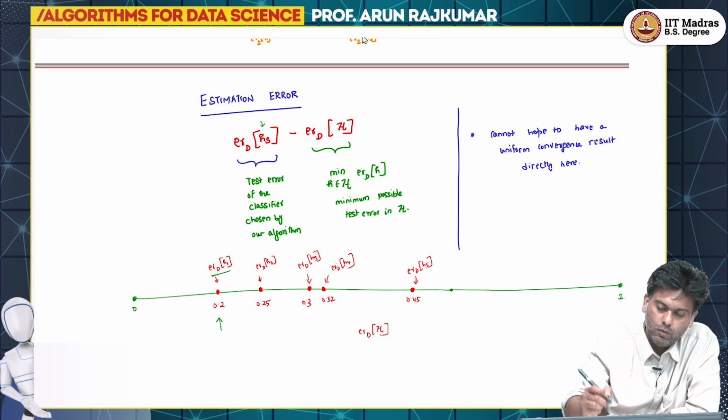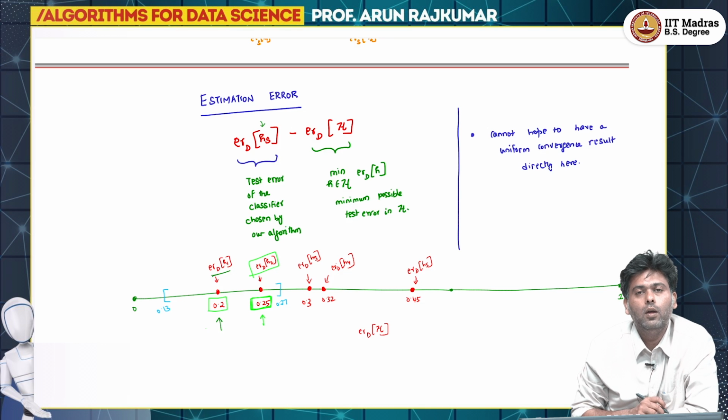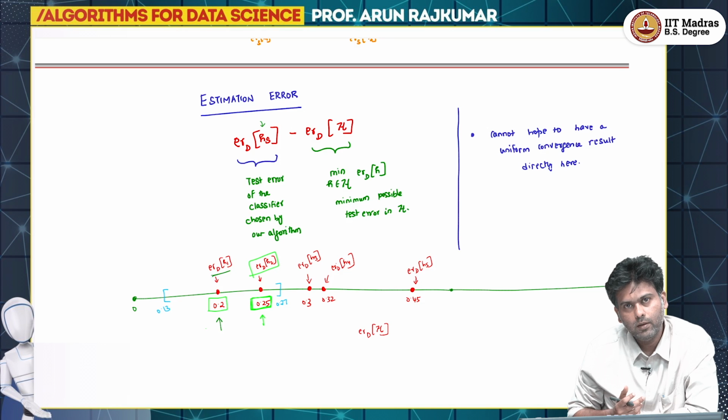So, then I probably have this interval which is 0.13 to 0.27, and I might have potentially picked H2, right. And H2's test error is 0.25, but then I am still within my epsilon range of 0.07 of the best possible guy, right.